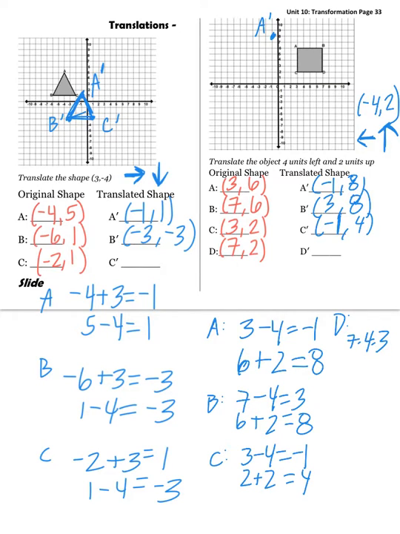And 2 plus 2, which is 4. So 3, 4. So I'm going to plot all my points. So 3 and 8, and that's B prime. C prime is -1, 4. And D prime is 3, 4.